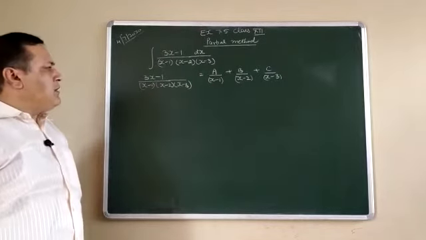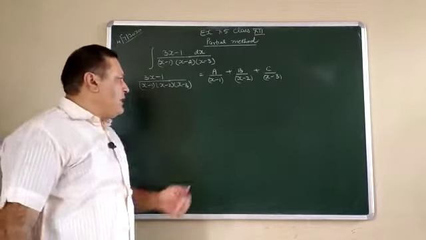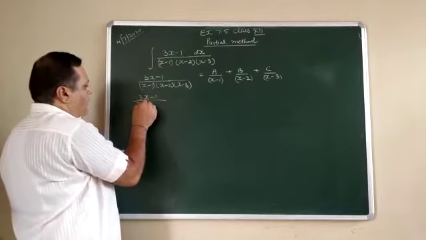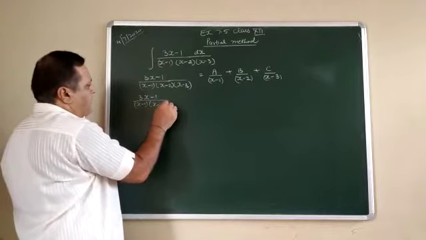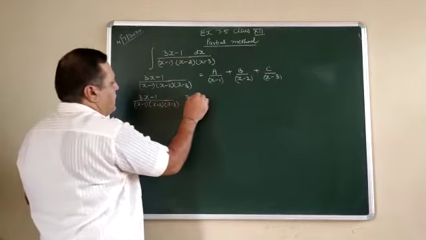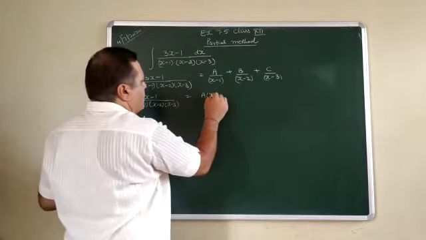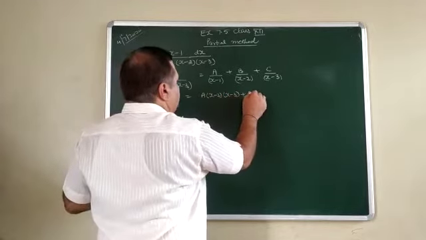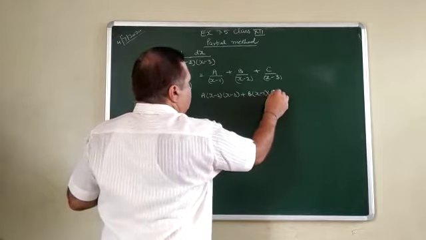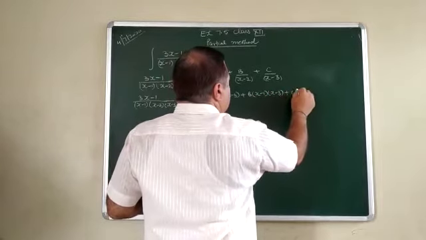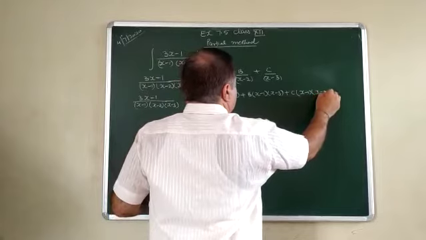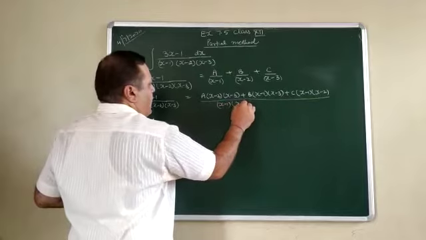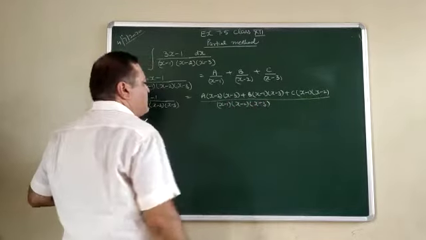There are two different methods to find the values of A, B, C by taking the LCM. See this one: (3x minus 1) upon (x minus 1)(x minus 2)(x minus 3) is equal to A into (x minus 2)(x minus 3) plus B into (x minus 1)(x minus 3) plus C into (x minus 1)(x minus 2), upon (x minus 1)(x minus 2)(x minus 3).